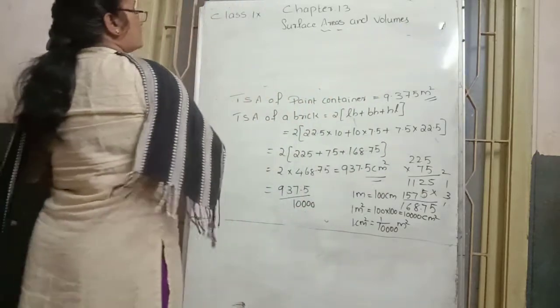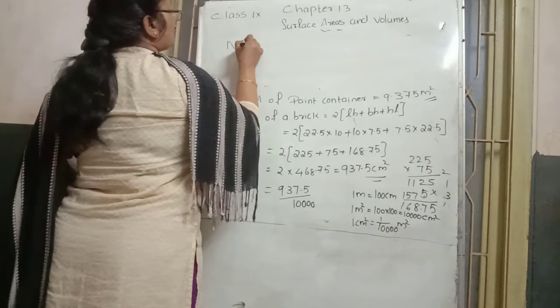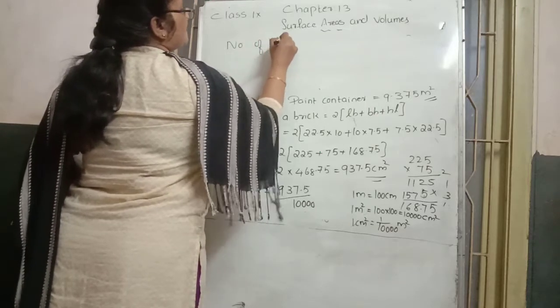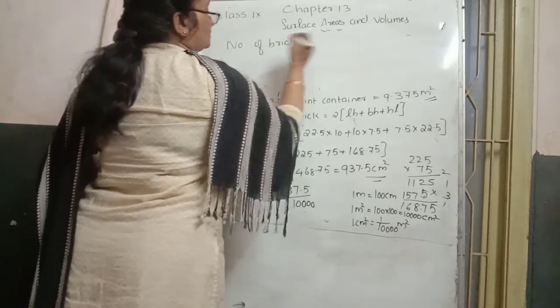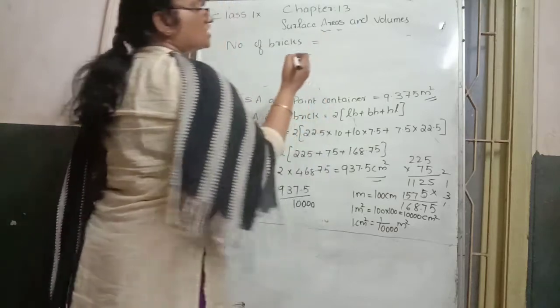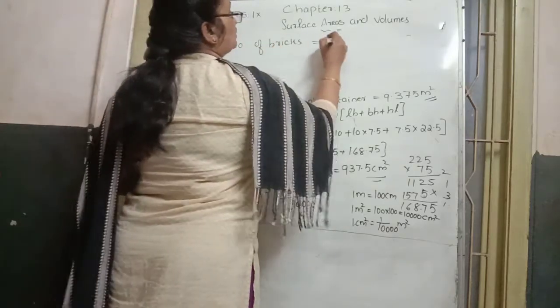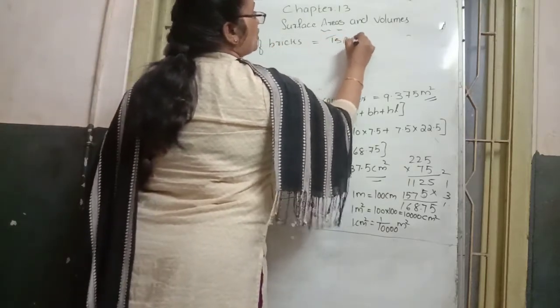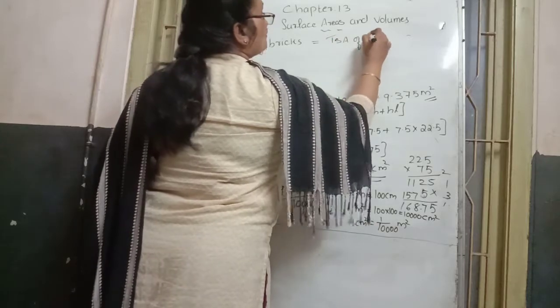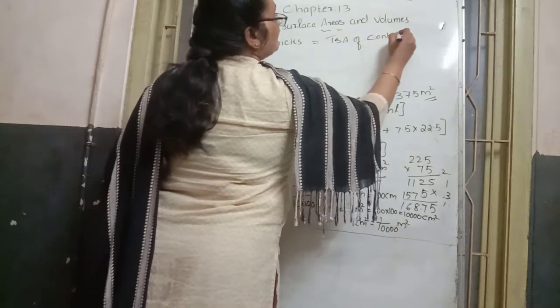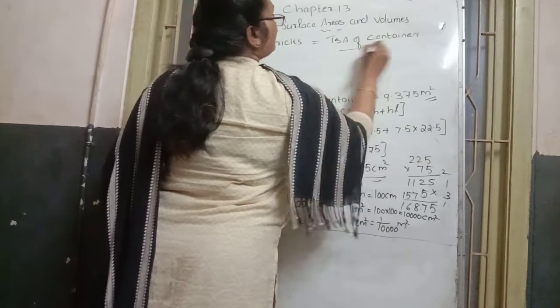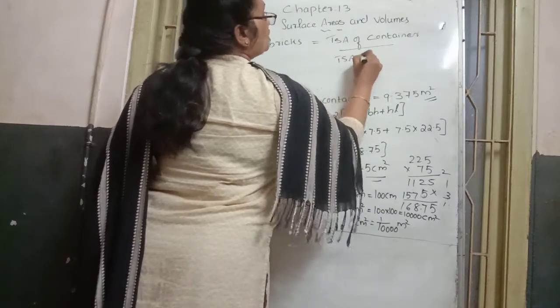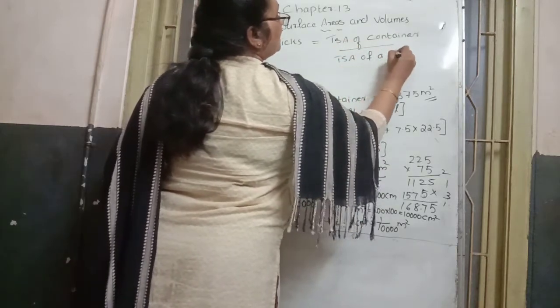So the number of bricks that can be painted is equal to the TSA of the container divided by the TSA of a brick.